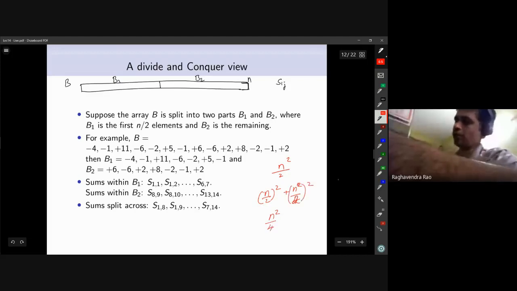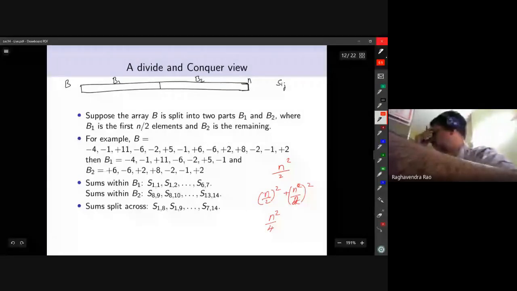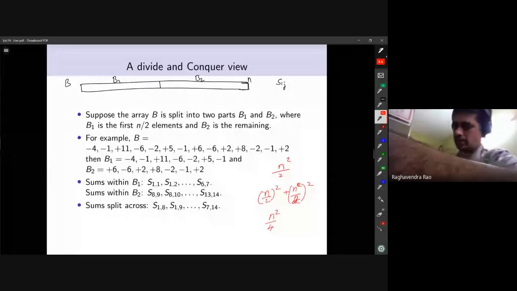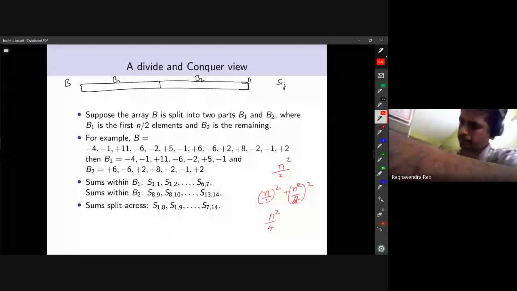So then my count of n square by 2 is incorrect. So it should be n square, okay? Because I said i less than or equal to j, right? So how much is it if i is less than or equal to j? N choose 2 plus n, right? What is n choose 2 plus n? So n into n minus 1 by 2 plus n.